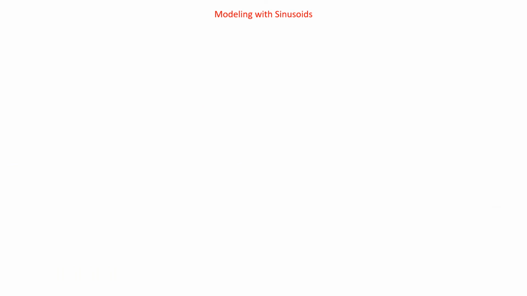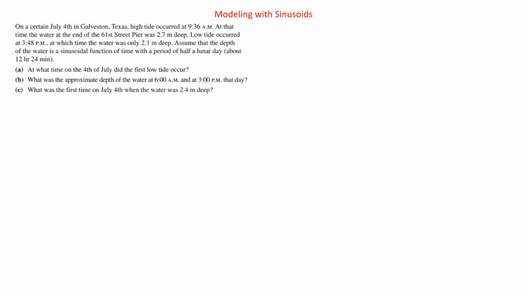Modeling. So we can use these to graph real world situations and then answer questions based off of those. So ours, we have on a certain 4th of July in Galveston, Texas, high tide occurred at 9:36 a.m. At that time, the water at the end of the 61st Street Pier was 2.7 meters deep.